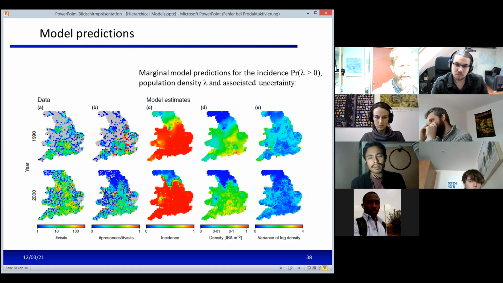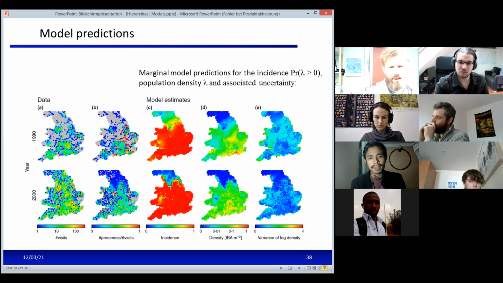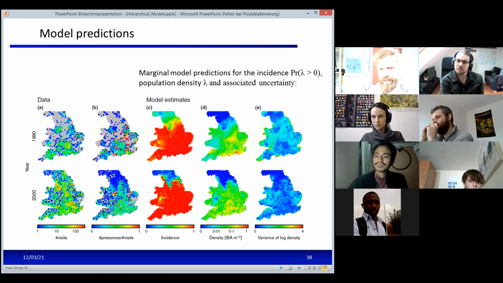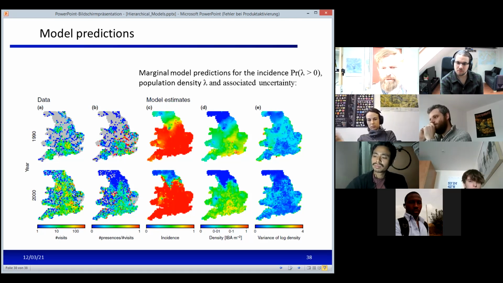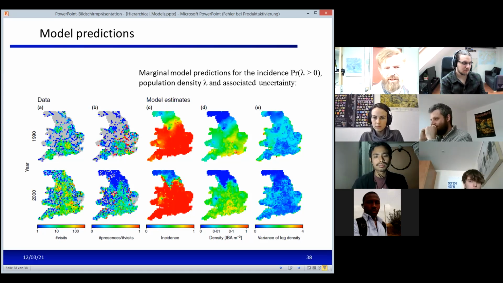Then when we looked at the results, in this case, we were in the end not so much interested in our posterior distribution for the parameters, but more on the model predictions, basically for this latent state variable that describes the population density in different grid cells at different times. And they are depicted here for two different years, 1990 and 2000.